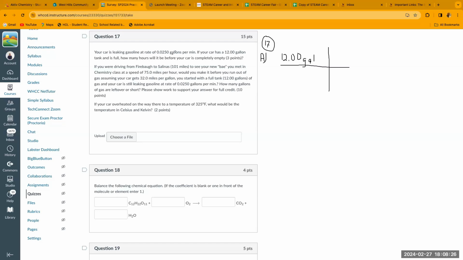Do I want to put gallons on the bottom to get rid of gallons, or on top? On the bottom. So I'm going to put the 0.025 gallons on the bottom. And then since it's per minute, that means per 1 minute, I'm going to put 1 minute on top.